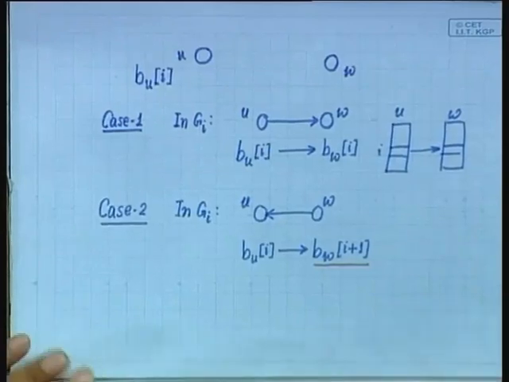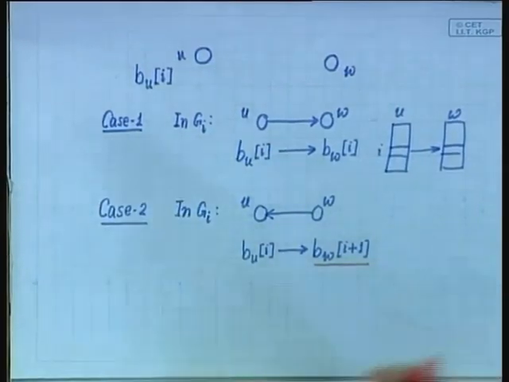Now, if we can guarantee that, then fine, why should we again go down and then forward, that will only create extra number of moves, right. So, we will directly move from b_u^i to b_w^(i+1), okay, even if G_(i+1) does not have the edge in that direction.